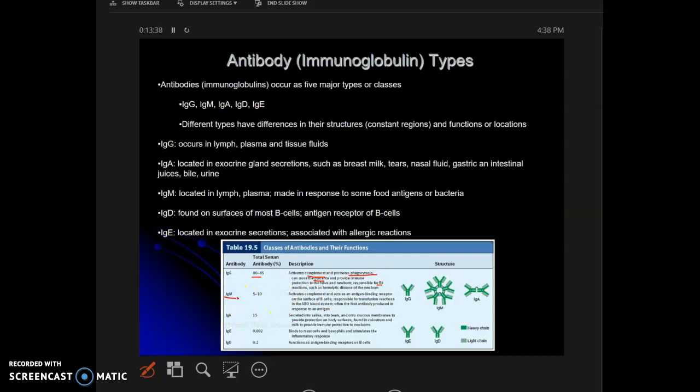IgM is the one that activates the complement system, and they're responsible for the ABO blood type. All right. The IgA is the one that's secreted in the saliva, in the tears, as well as in the first milk, the colostrum. IgE is the least common of all. And IgD is the one that binds to the B cell and acts as an antigen binding site.